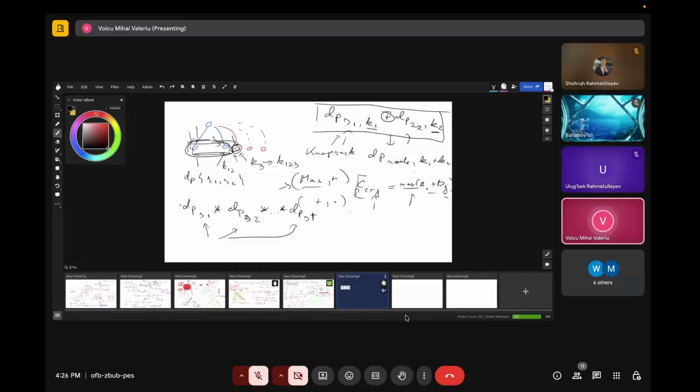Similarly, what is the time complexity here? It would be area of S1 times area of S2 plus area of S1 plus area of S2 times area of S3, and so on.